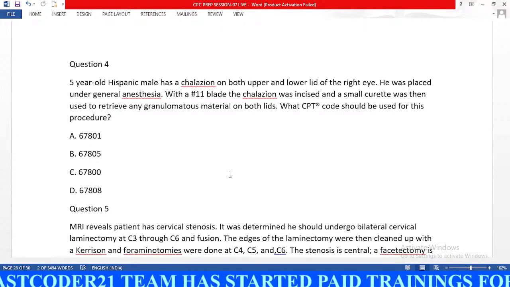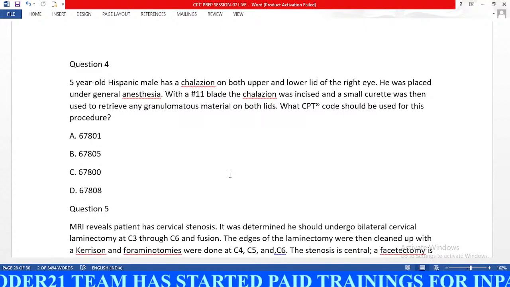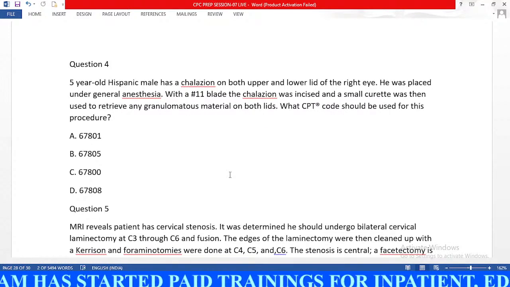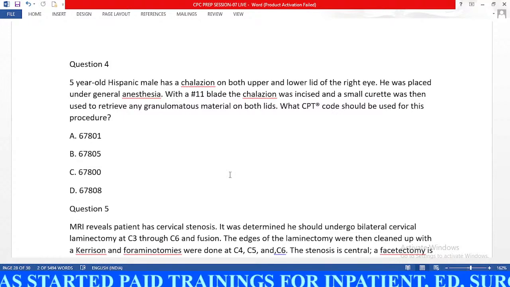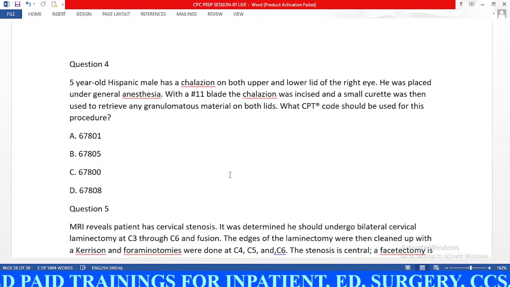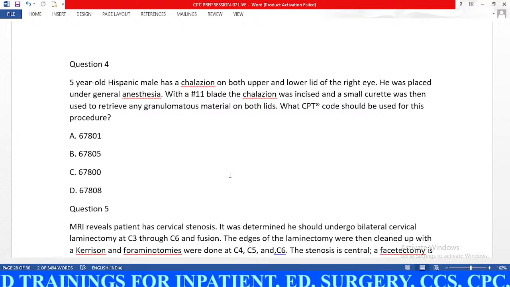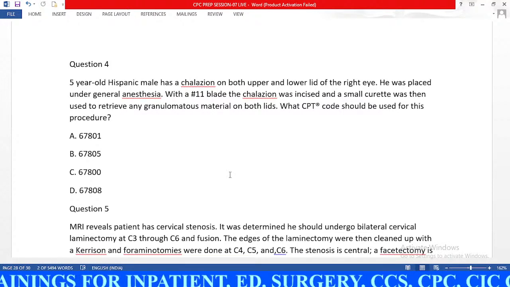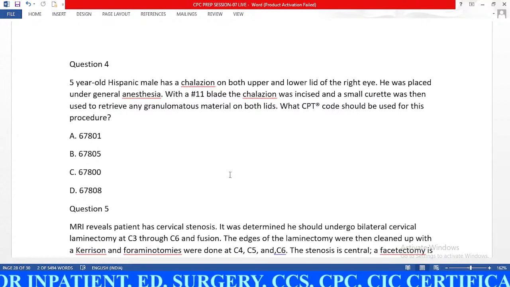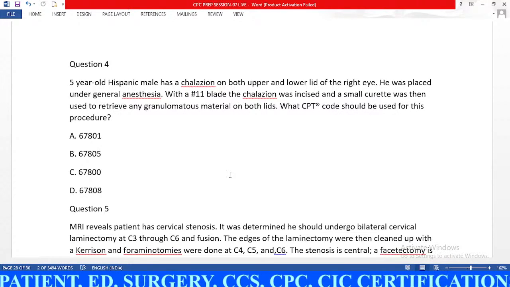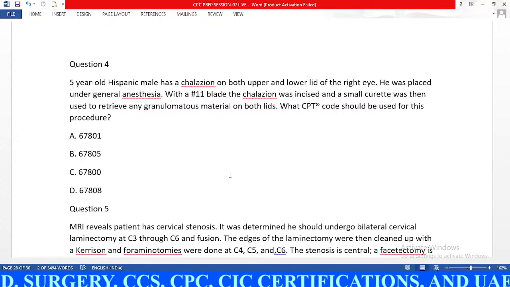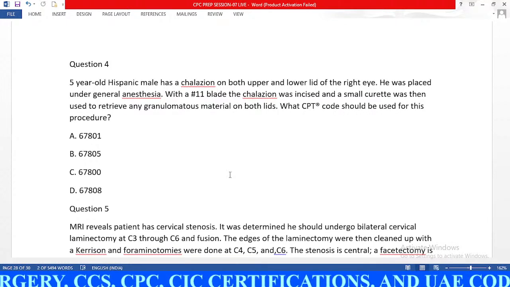So what is a chalazion? A chalazion is a red bump on your eyelid. Yeah, I got it now. Next time you can remember that it is a red bump. No one will restrict you from using Google. You can use Google as much as possible. Then you need to think what procedure the physician might do for this chalazion.